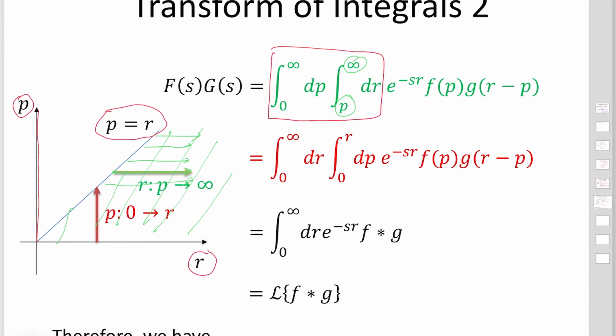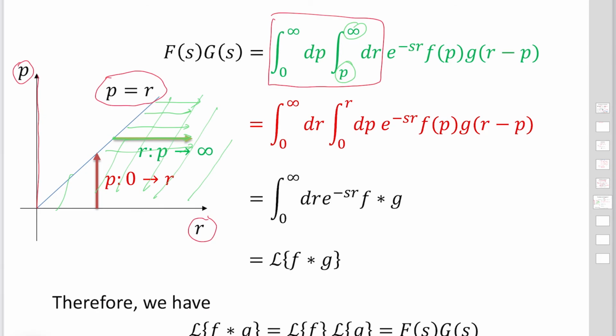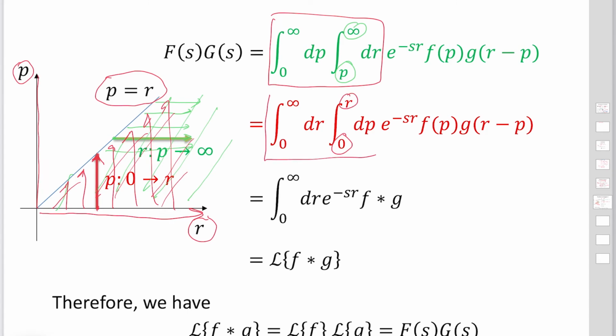And then we have another way to perform the integrals using a different order of the integrals. So in this case, r is changing from 0 to infinity, and p is changing from 0 to r. So you can draw many arrows to cover this region.